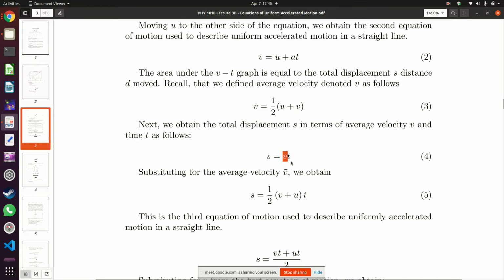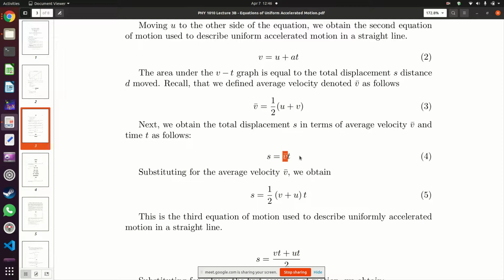If we multiply the average velocity times the time, which is 10 seconds, we still get back 140 meters. So by doing this, I have shown that this expression, S equals average velocity multiplied by the time, is equivalent to what we did yesterday, where we worked out the area under the graph.